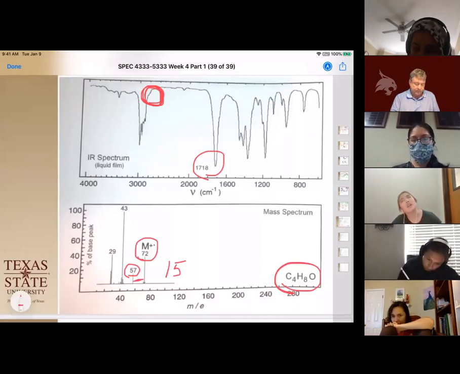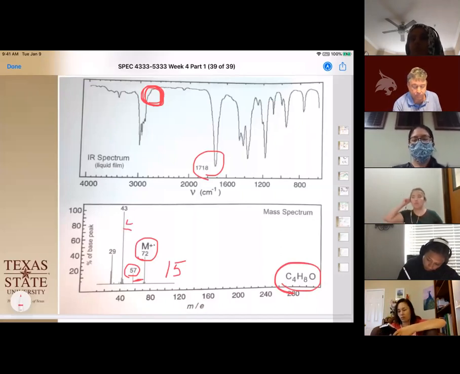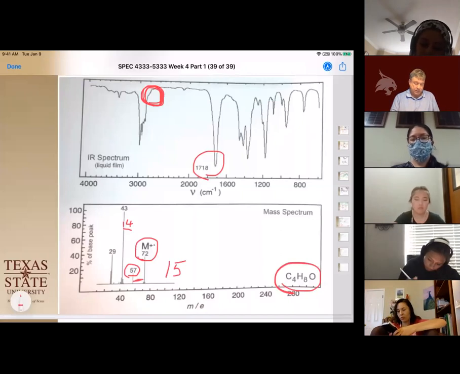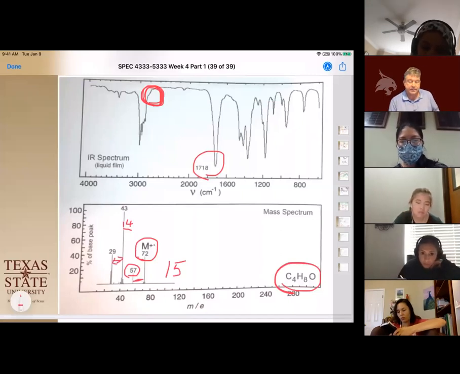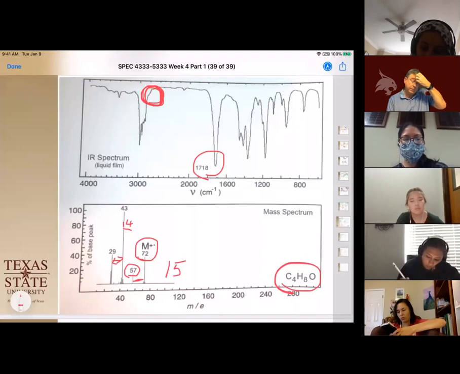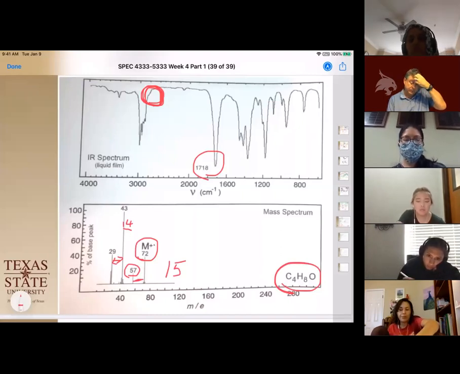And then 57 minus 43 is equal to 14. And then 43 minus 29 is equal to 14. So all our gaps are single carbons with hydrogens on them. Okay, what else do we see?